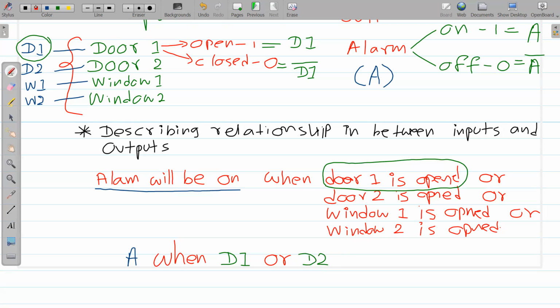Then I have or. Window 1 is open, that means W1. Then I can say or. Window 2 is open. Go ahead and indicate.